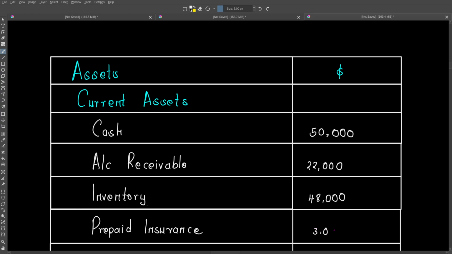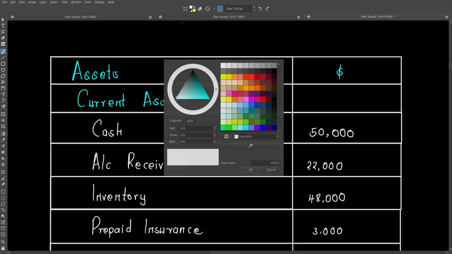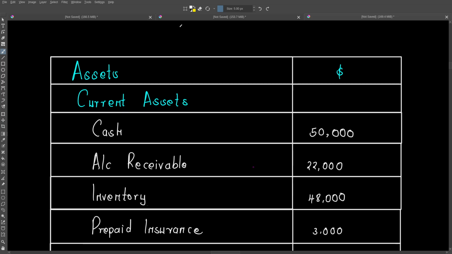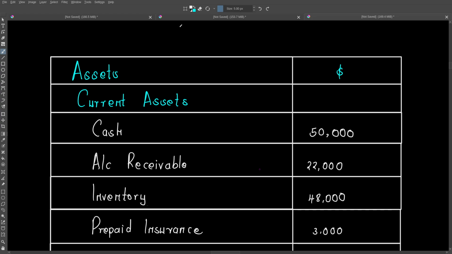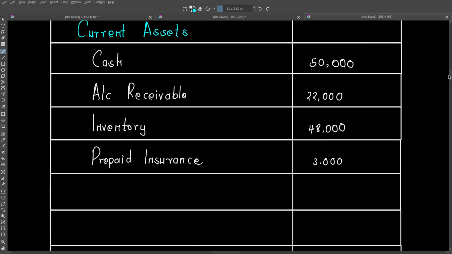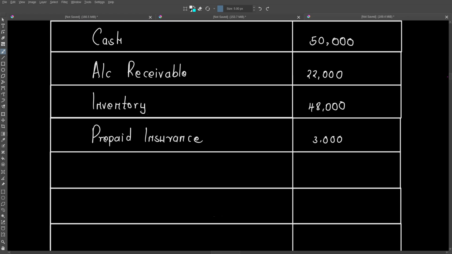Remember again, current assets are assets that are going to be utilized within a period of 12 months. You can see cash is something you utilize within a short period of time. Account receivable, you don't expect someone to stay with your money for more than 12 months. You're not going to be in a business where you're giving someone credit for more than 12 months.